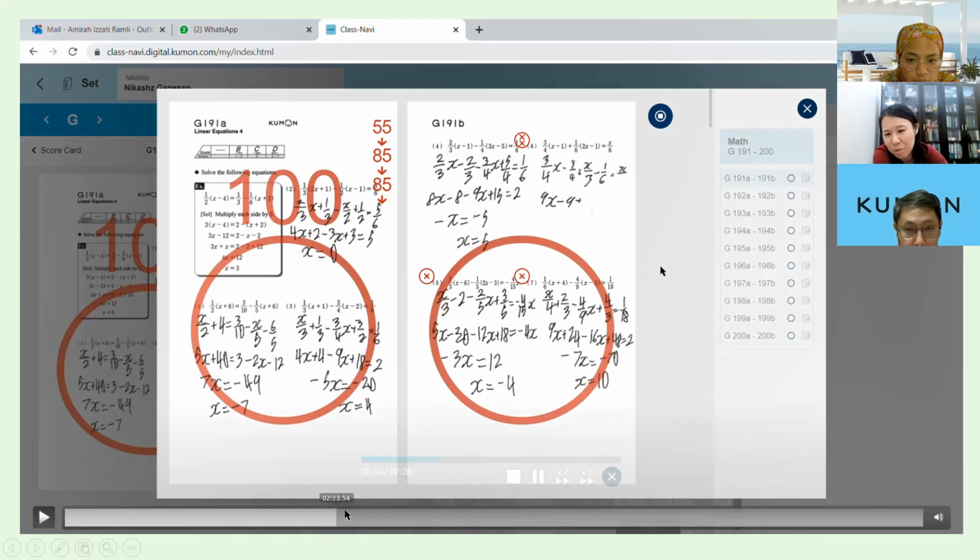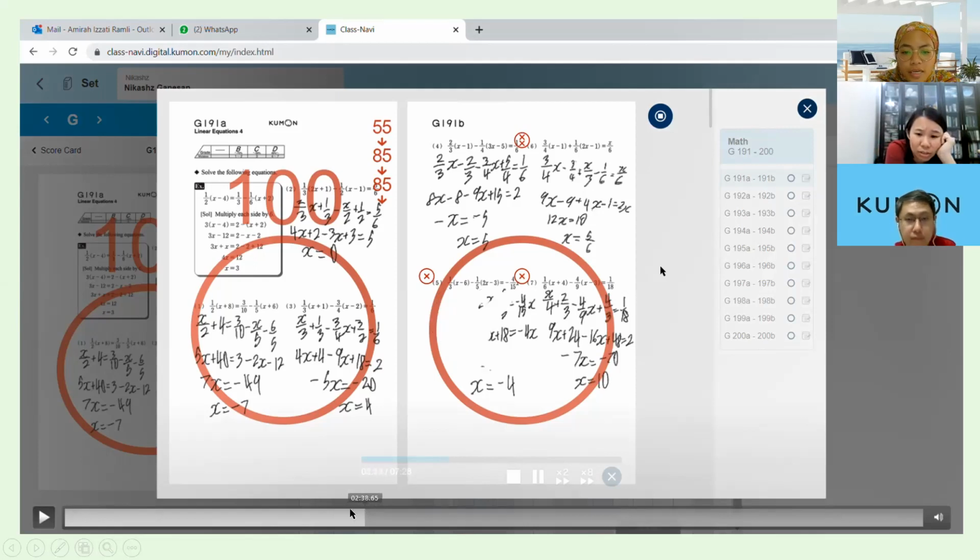Then I'll show you when he did it correctly. Sorry, is this the first attempt or second attempt? This is the second attempt. Then you can see his correction skill also, when he did number 5.